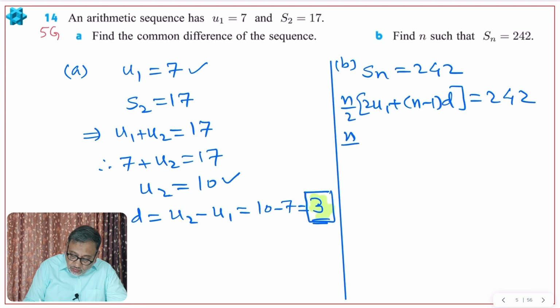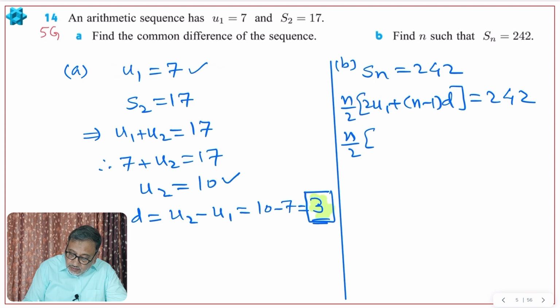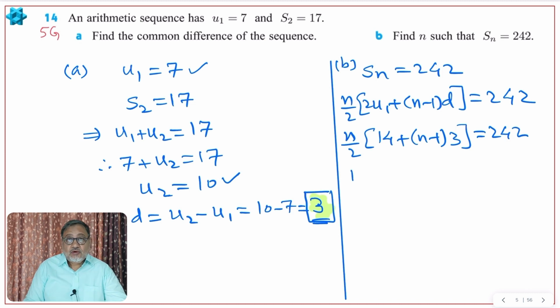So 2u1, u1 is 7, so 2 times 7 is 14, plus n minus 1 times d, which is 3, is equal to 242. Take this 2 there, or directly put it in the calculator in NSolve. Using NSolve you can directly find the answer, or you can simplify this.